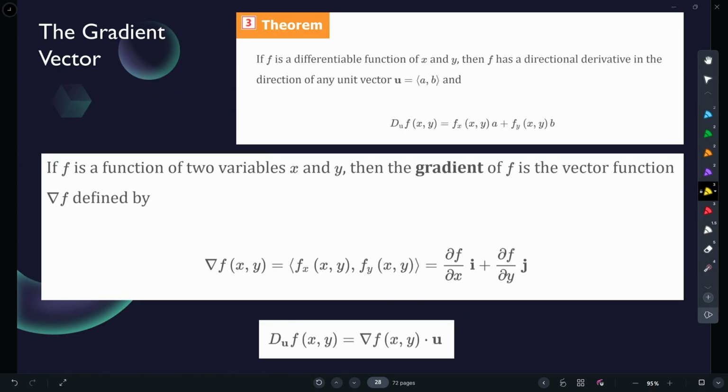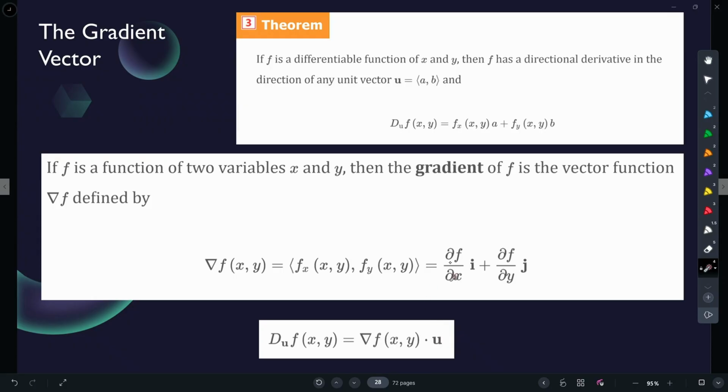Okay. So that, as I said when I was defining the directional derivative, I can reinterpret it as a dot product of this vector, the vector of partial derivatives, dot with the unit vector that I want a derivative in that direction, right?